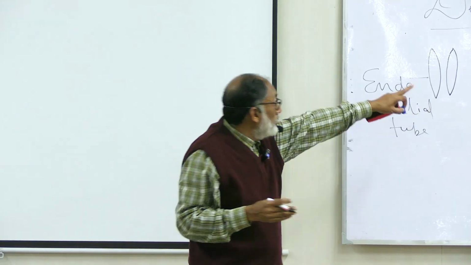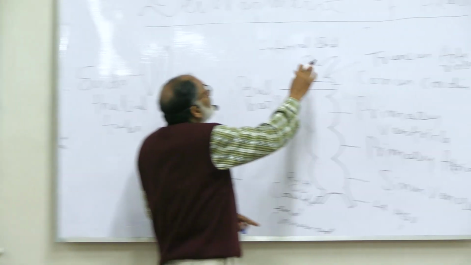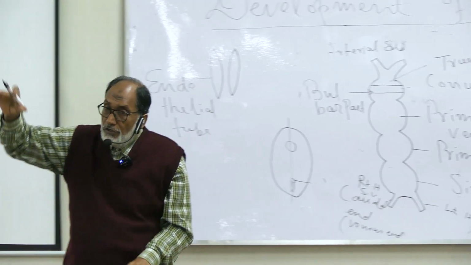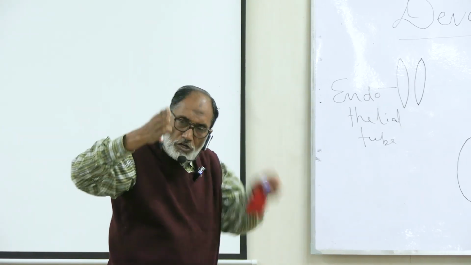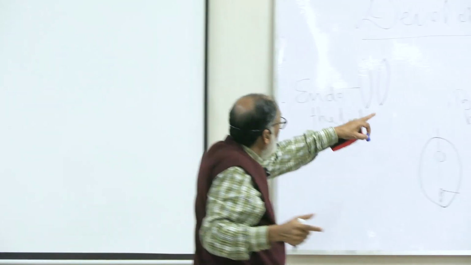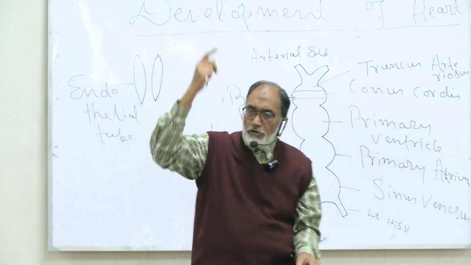Now at the arterial end, the truncus arteriosus, you see it is also bifurcated. This end communicates with the dorsal aorta. The first dorsal aorta develops; there are two dorsal aortae.